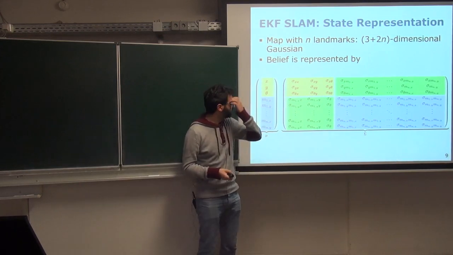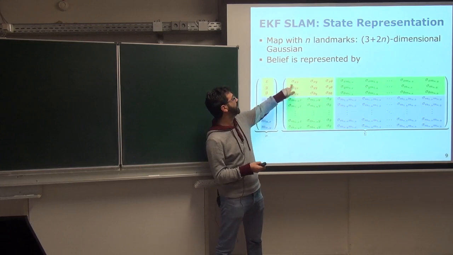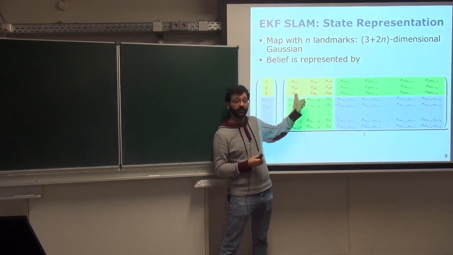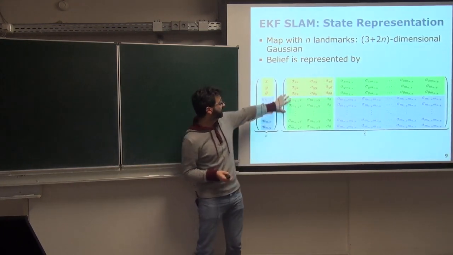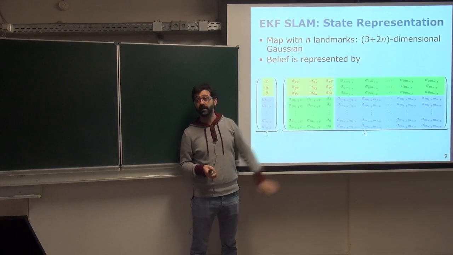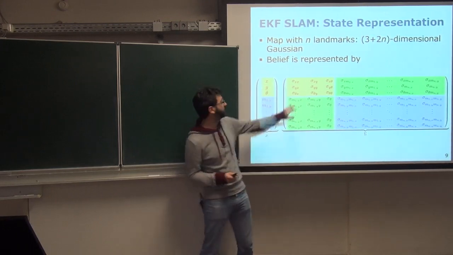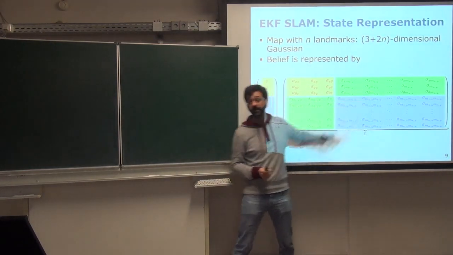In principle, you can also go more fine-grained and say this is the variance of the x coordinate, the variance of the y, the variance of the theta, and all the correlations between x and theta. But the idea of decomposing it in these four parts is that during prediction, you are only interested in the robot pose and how this changes with the map, but you're not touching the map.